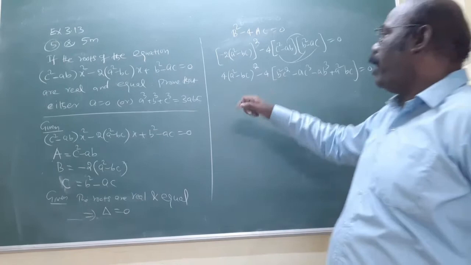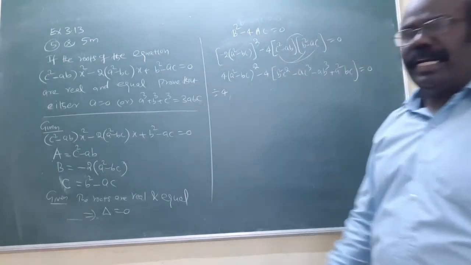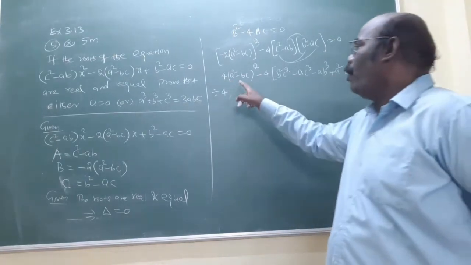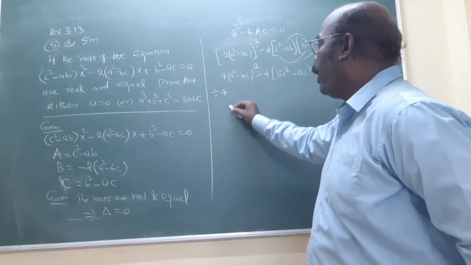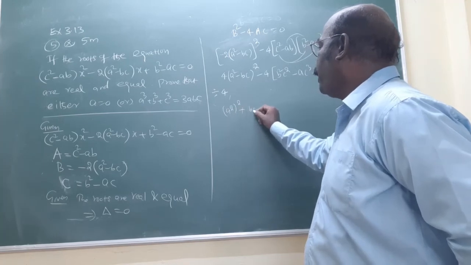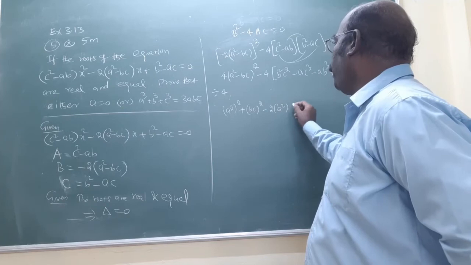Now, in both the terms, 4 is common, so divide by 4, and 4 will be cancelled. Without 4, a square minus bc whole square is of the form (a minus b) whole square: a square whole square plus bc whole square minus 2 into a square into bc.